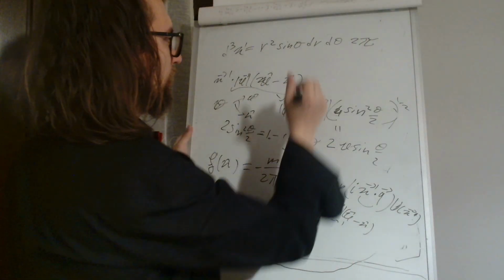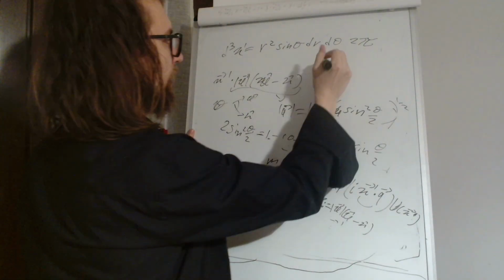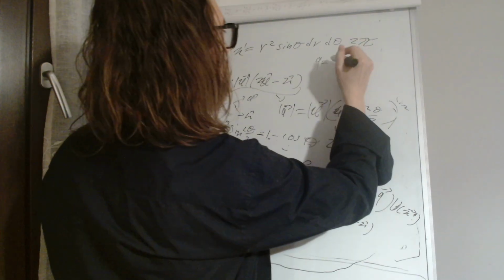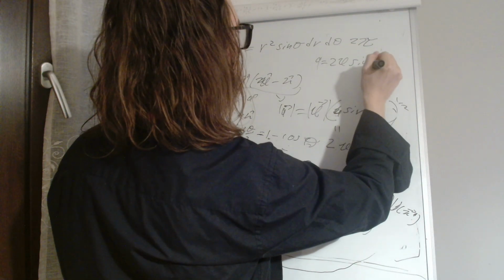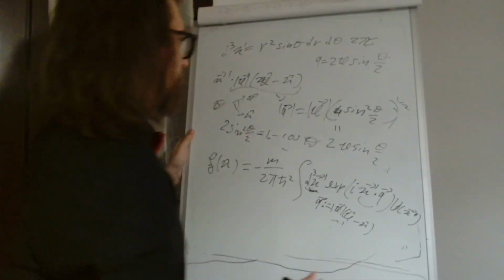So we obtained, we call it simply q equals 2k sine of theta half.